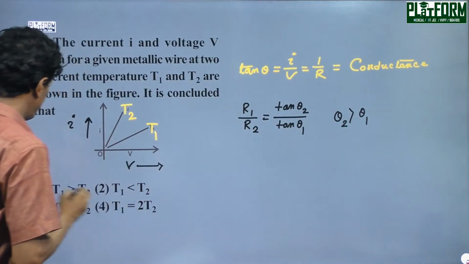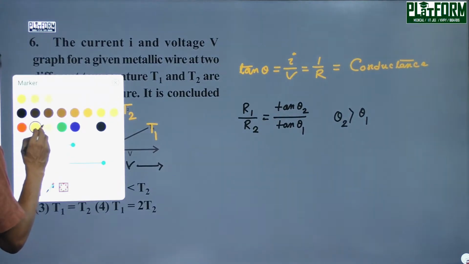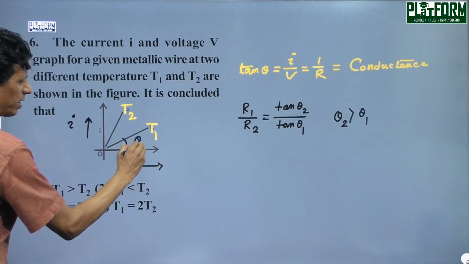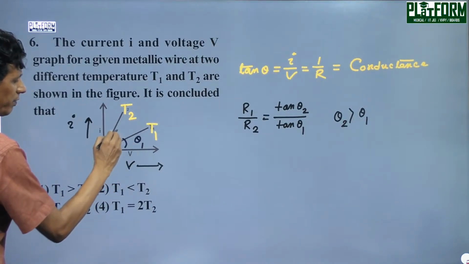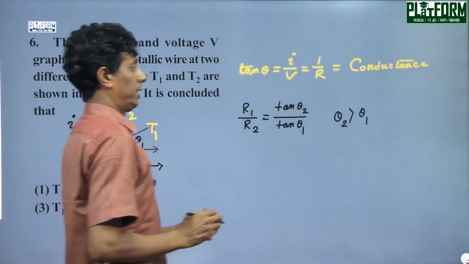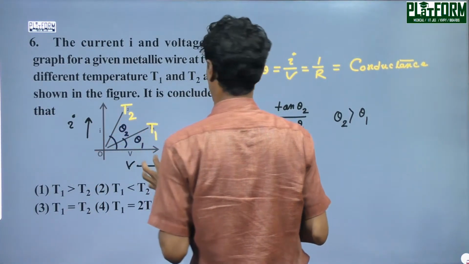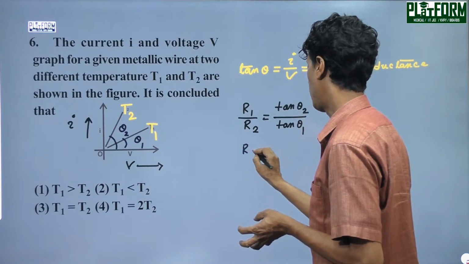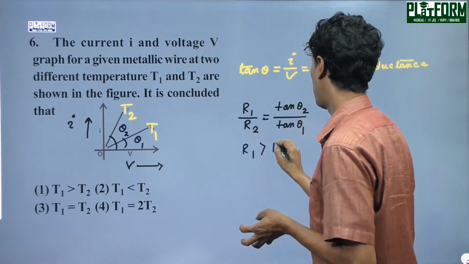I should mention here the slope for this graph is theta 1 and the slope of this graph is theta 2. Since theta 2 is greater than theta 1, in this way we can write R1 greater than R2.